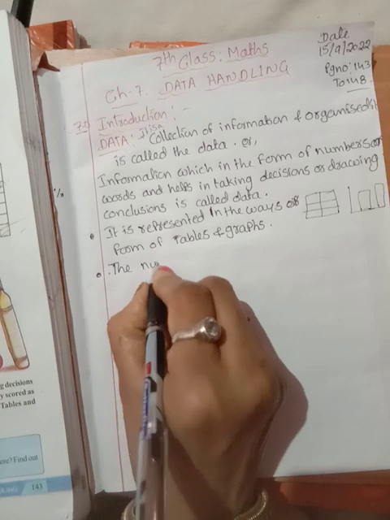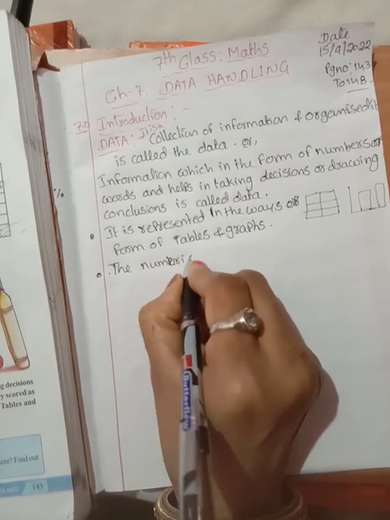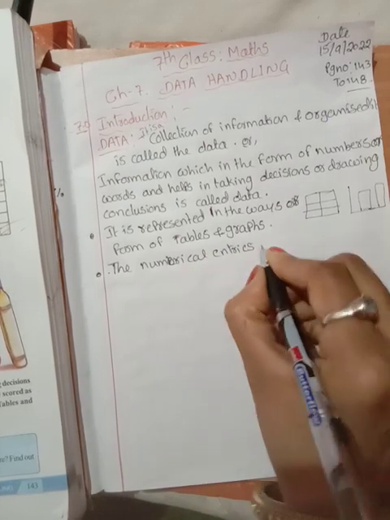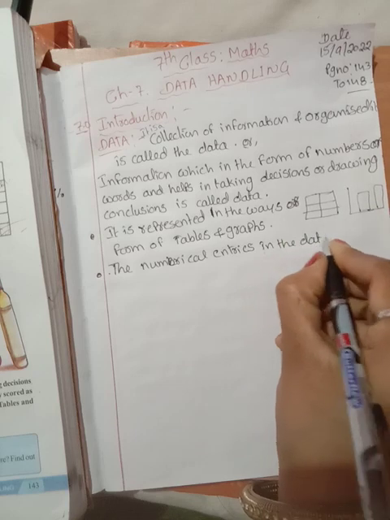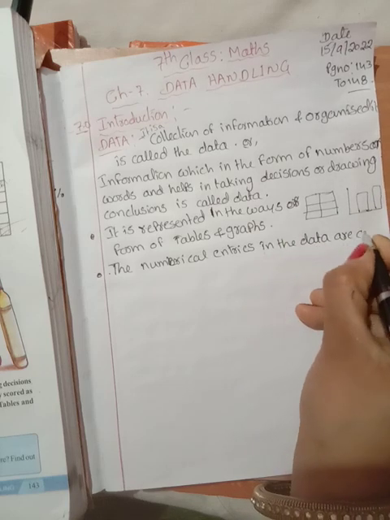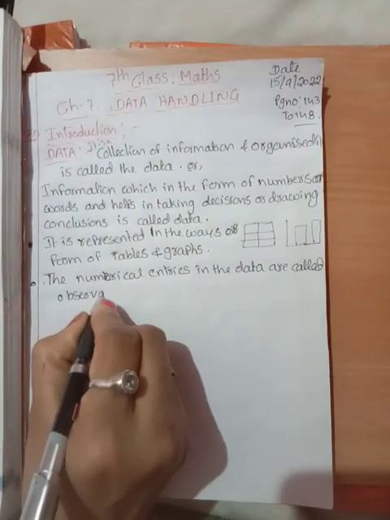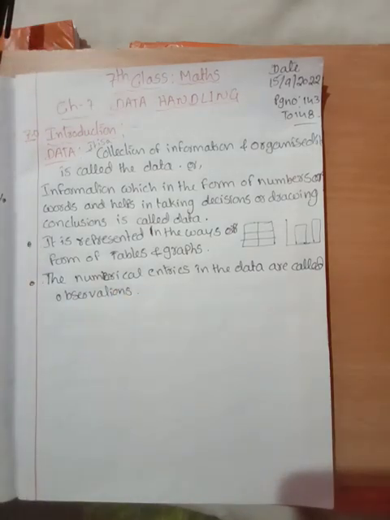The numerical entries in the data are called the observations. Okay, you can understand observations neatly.